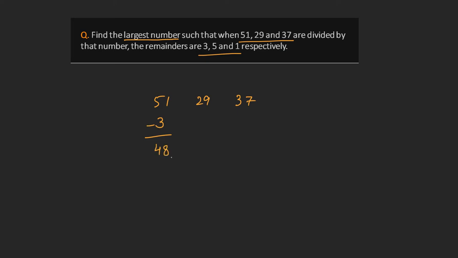Okay? Similarly, 29 minus 5, 24 is divisible by our number. And 37 minus 1, 36 is divisible. Now that we have got the numbers that are divisible by the answer, we just find their HCF. So what's the HCF of 48, 24 and 36? 12. This is the answer.